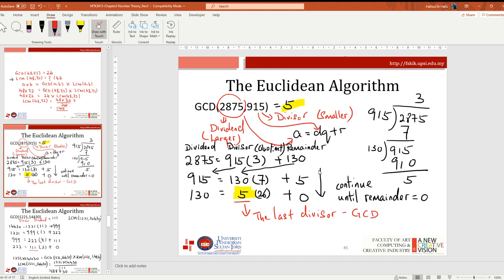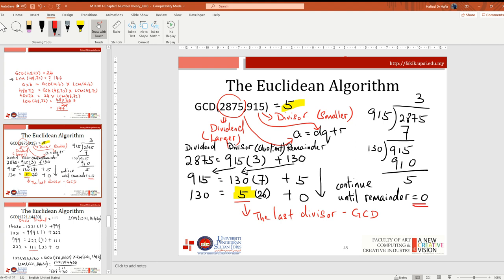Okay, this one is another example. The GCD of 2,875 and 915 is equivalent to 5. Here we divide 915 by 175, and we continue until the remainder is 0.